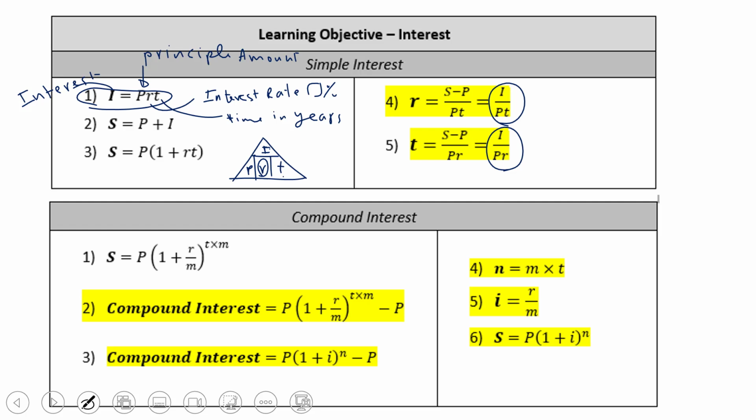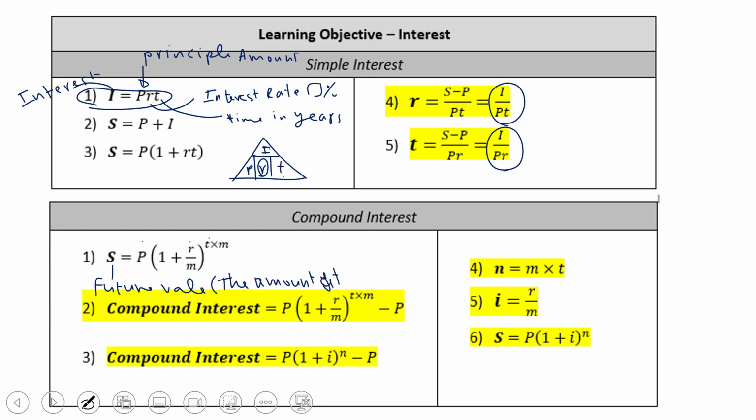In the compound interest, this is the same. This is the principal amount. This is the interest rate. This is the time in years. What is S? S, they call it the future value, or the amount at the end of your period.